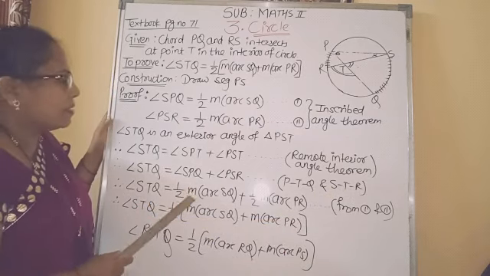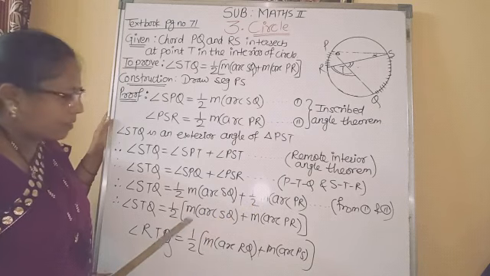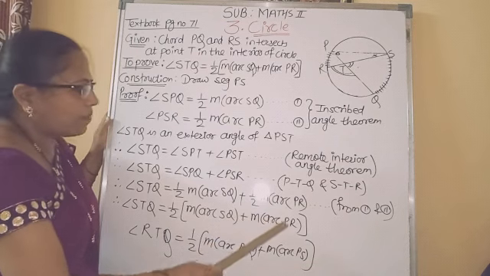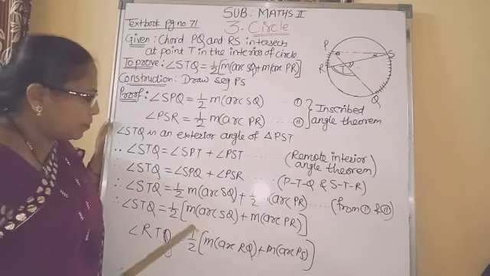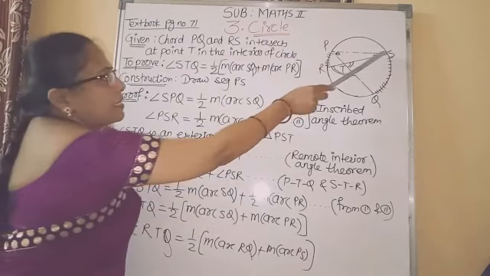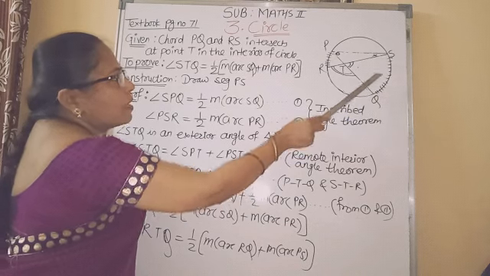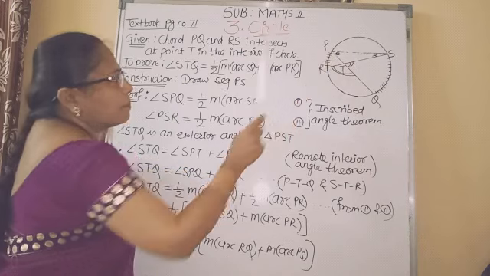Okay. Now here we can take half as a common factor and in bracket measure of arc SQ plus measure of arc PR. So this way we proved what we want to prove: angle STQ is equal to half measure of arc SQ plus measure of arc PR.